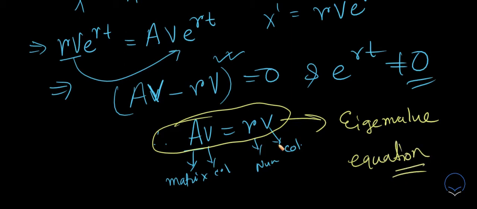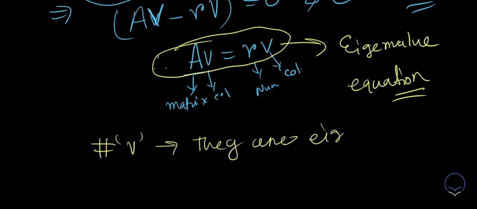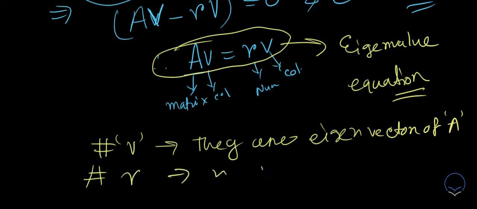And these V's are the eigenvectors of operator A. So V is an eigenvector of A, and r denotes the eigenvalues.